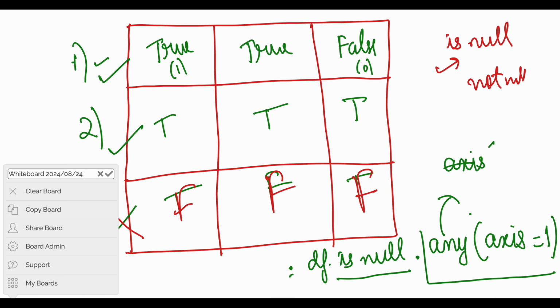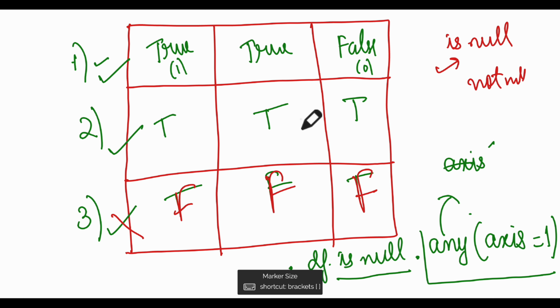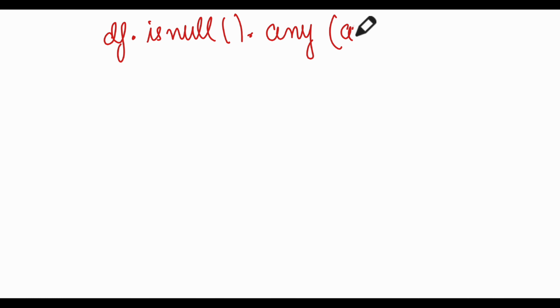To summarize, how do we get the null values from my data set? I want to get any row that is null. So we use df.isnull().any(axis=1). What does isnull do?